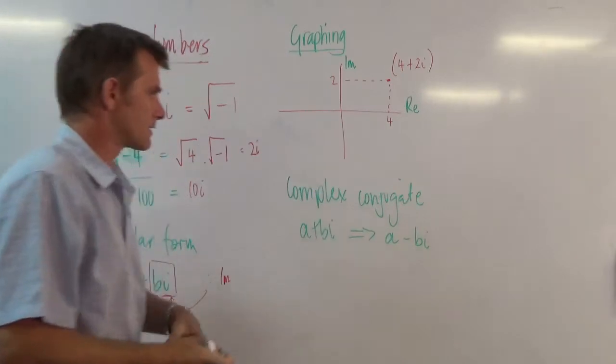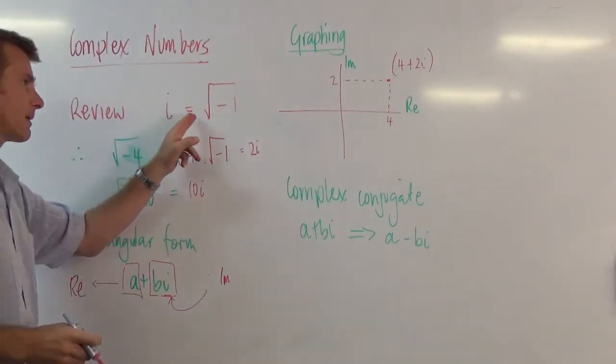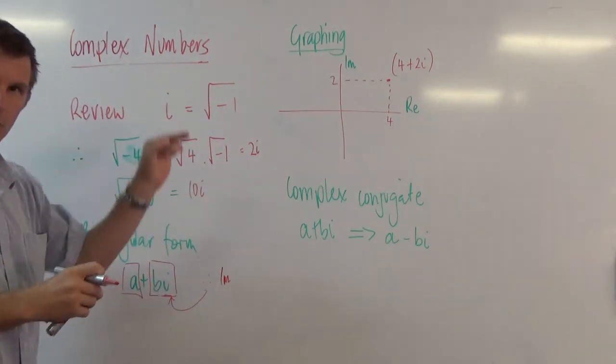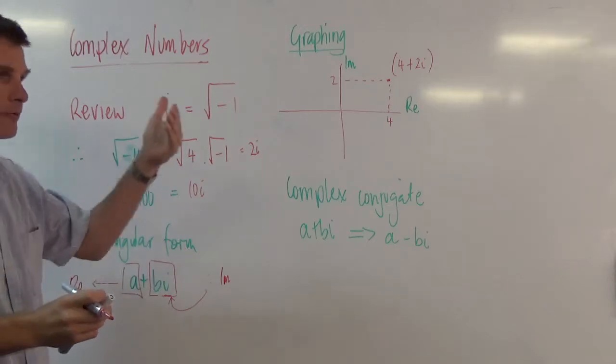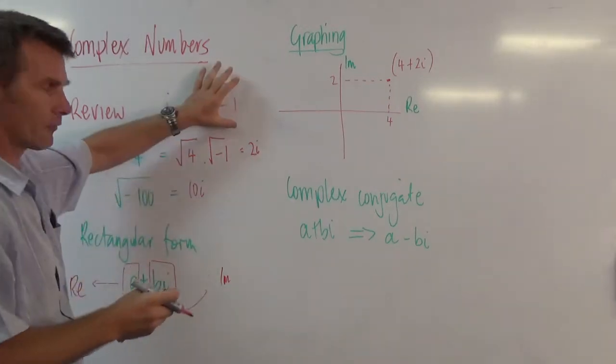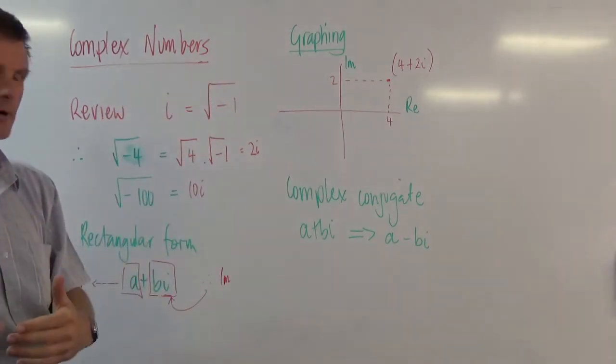Now when we look at this idea of complex conjugate, remember I said you often get that because this comes up in the quadratic formula, and the square root part in the quadratic formula is plus and minus. So you'll get an answer with a positive imaginary number and an answer with a negative imaginary number.